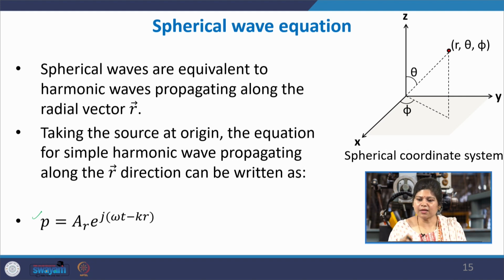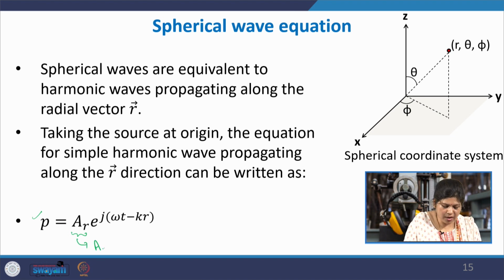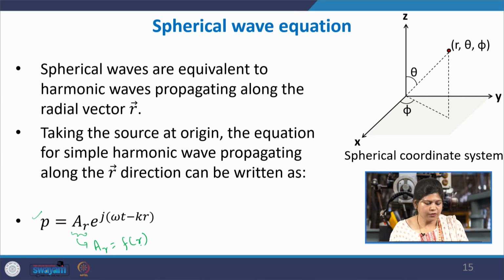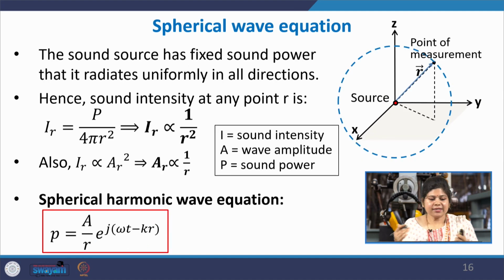But because the amplitude is changing with distance, instead of being a constant term, here it is A(r), which is a function of the radial distance r. So we represent it, and the direction of wave propagation is this r vector. Now let us see what this A(r) is. Suppose we have a source at the origin and we are measuring its power or intensity at any point r.